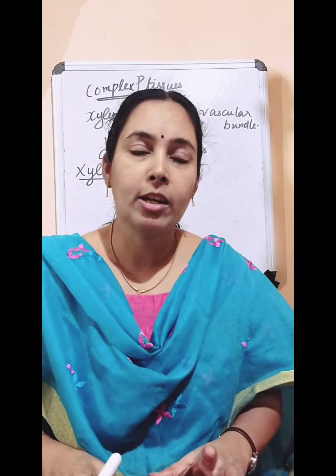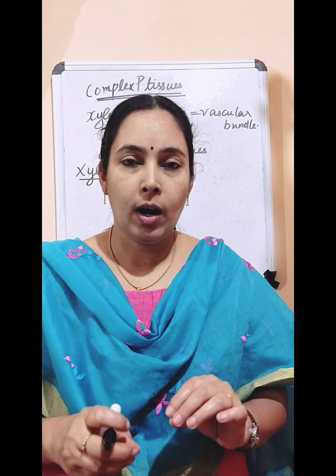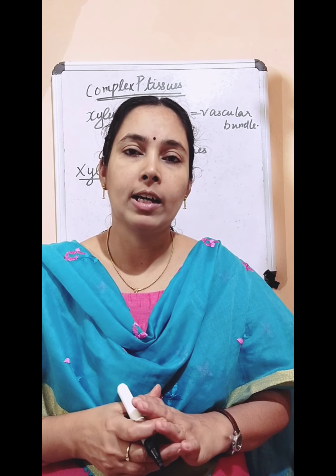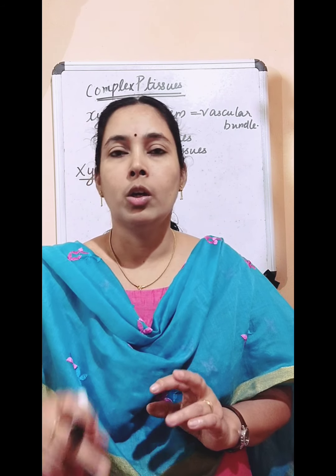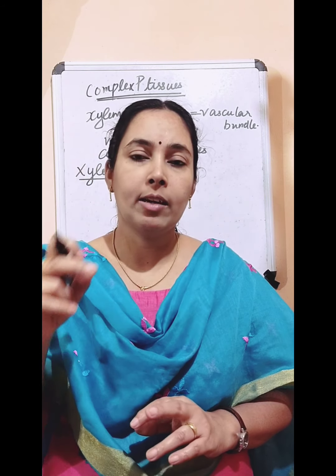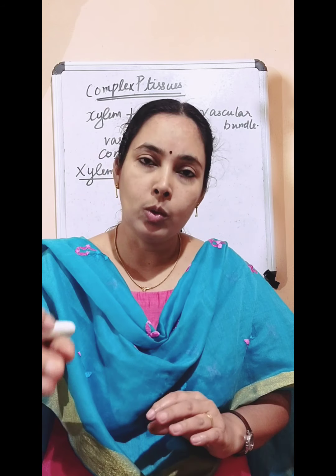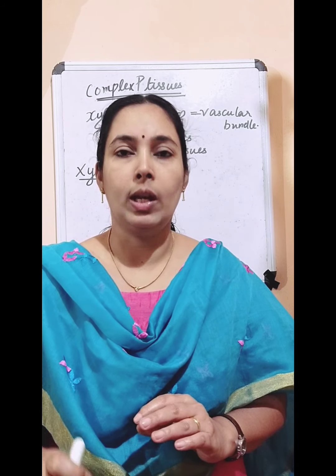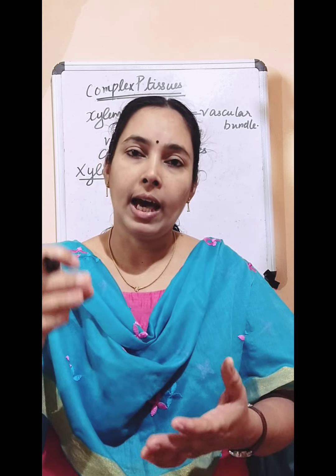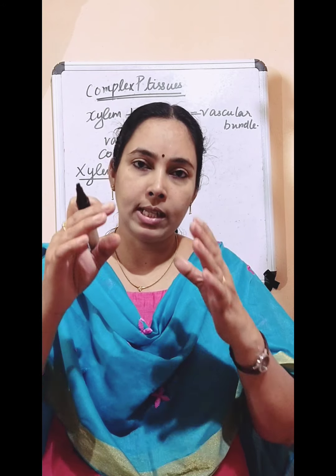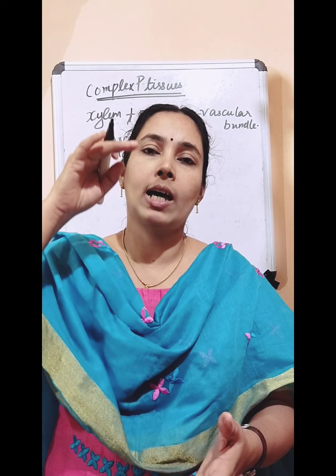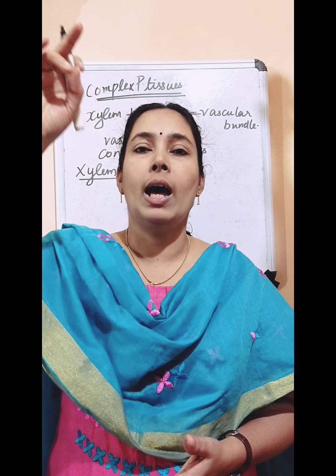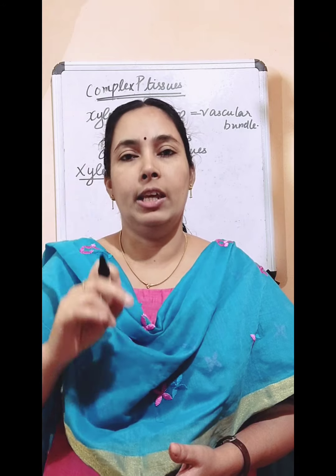What is the function of xylem? Conducts water. From where is it carrying water? It carries water from the root to the leaves. So plants get water from the soil. The roots absorb the water from the soil, and the xylem tissues inside the roots carry that water through the xylem tissues in the stem and it reaches the leaf.